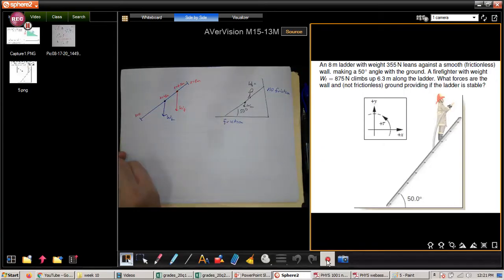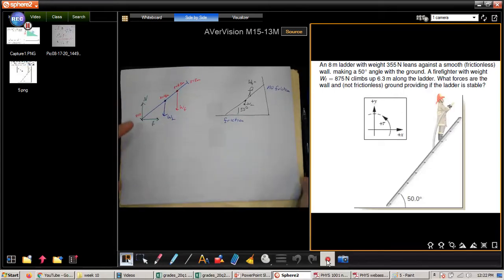So there are some other forces involved here. On the ground, this thing is going to try to slide to the right, so there has to be a frictional force of the ladder on the ground. And there has to be a normal force because there's a surface and there's a friction force.